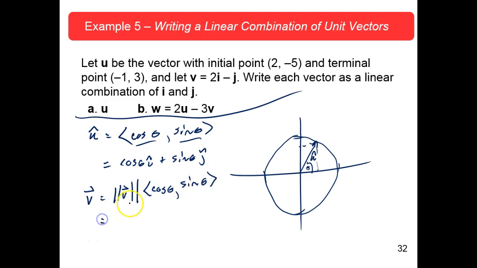Which would also be written as the magnitude of v times cosine theta i plus magnitude of v times sine theta j.